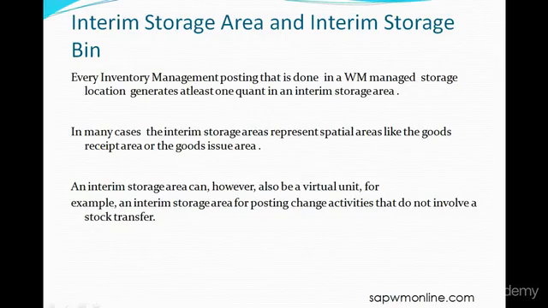In many cases, the interim storage areas represent spatial areas like the goods receipt area or a goods issue area. An interim storage area can, however, also be a virtual unit. For example, an interim storage area for posting change activities that do not involve a stock transfer. So whenever there is a posting change activity taking place, the goods would momentarily go into an interim storage area and come back to the same bin.